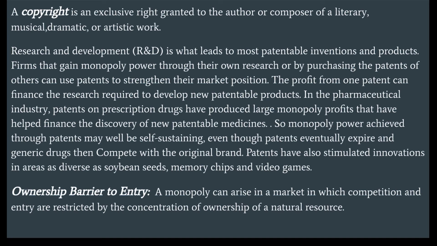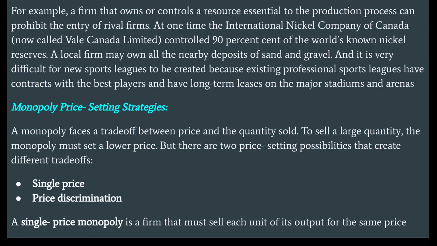Ownership barrier to entry. A monopoly can arise in a market in which competition and entry are restricted by the concentration of ownership of a natural resource. For example, a firm that owns or controls a resource essential to the production process can prohibit the entry of rival firms.